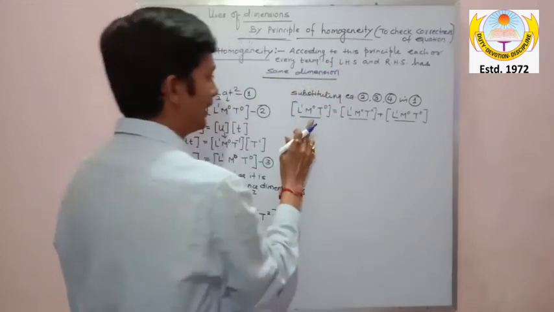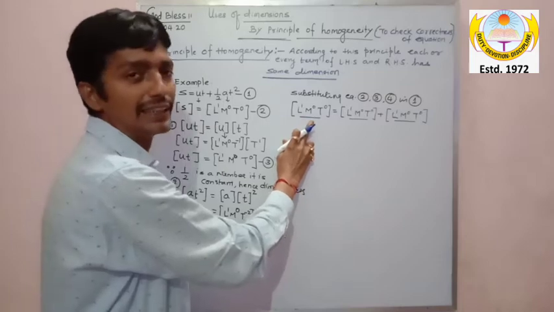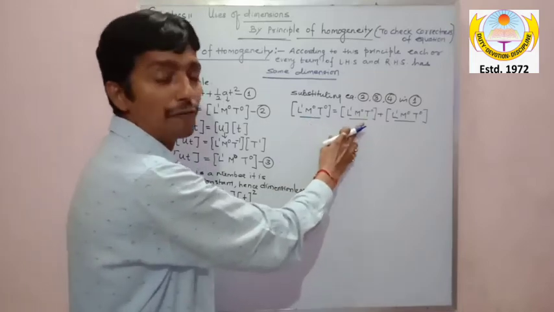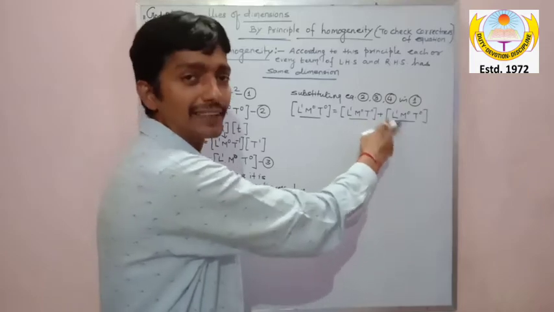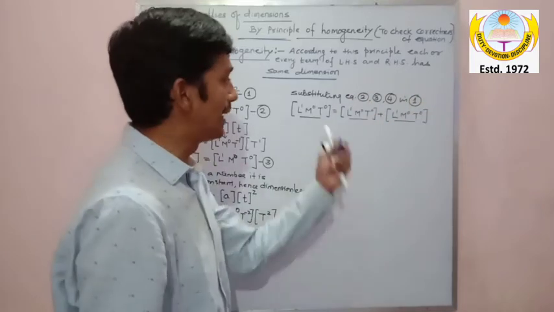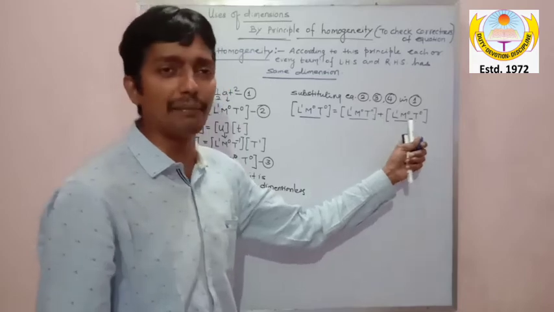You can see the term on LHS, dimension is L1 M0 T0, the first term on RHS L1 M0 T0, second term of RHS L1 M0 T0. So my dear, each term possesses the same dimension.